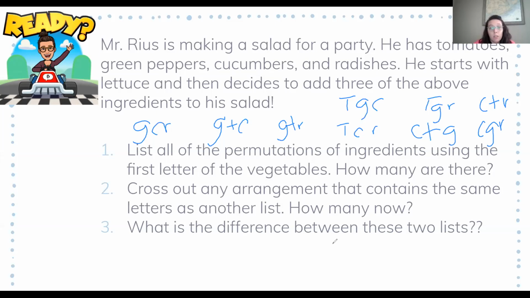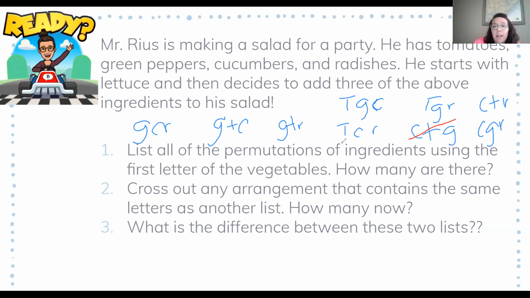So when you're doing this, looking right here, I have tomatoes, green peppers, radishes, or this is a C, cucumbers. And then right here, I have cucumbers, tomato, green pepper. So it's the same list. They're just in a different order, but because I have this listed already, I'm going to cross this one out.